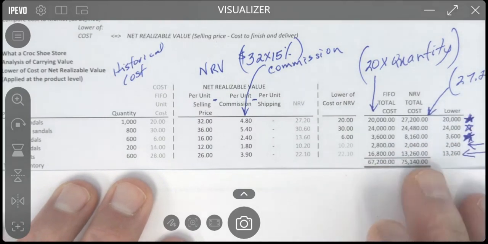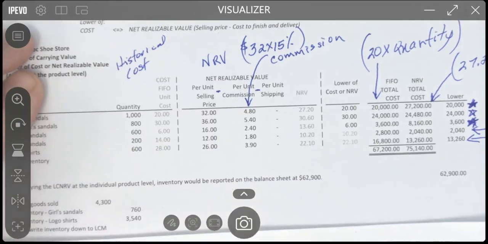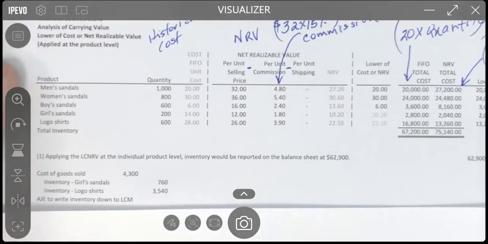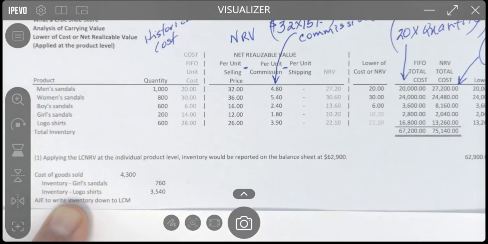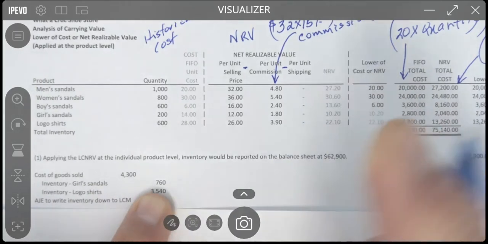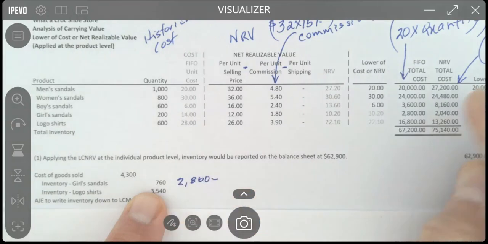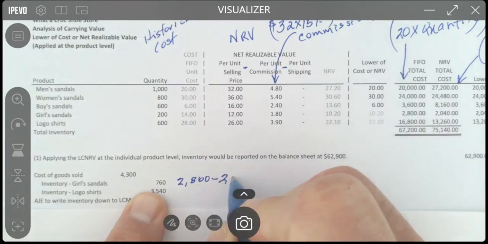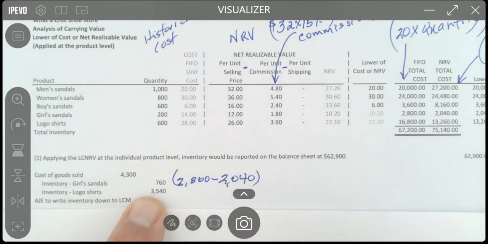But we're doing this on a per unit basis, so we're going to have to write down the girls' sandals and the logo shirts. We're going to write down the girls' sandals from 2,800 to 2,040. $760 write down.